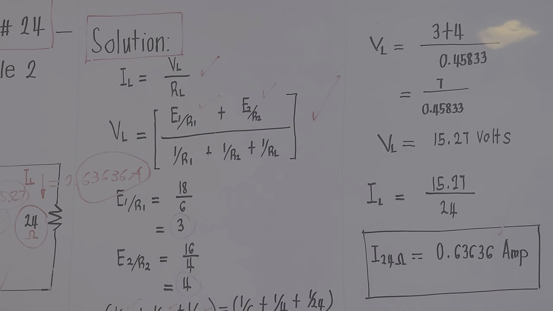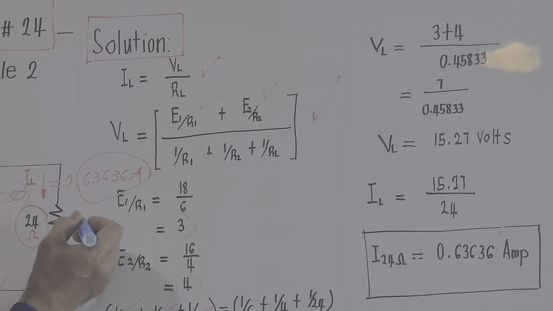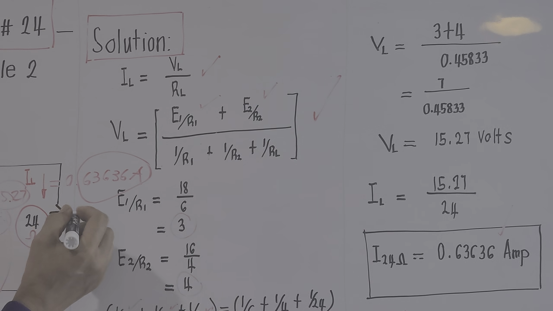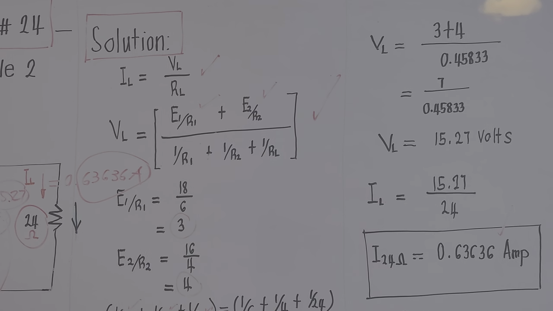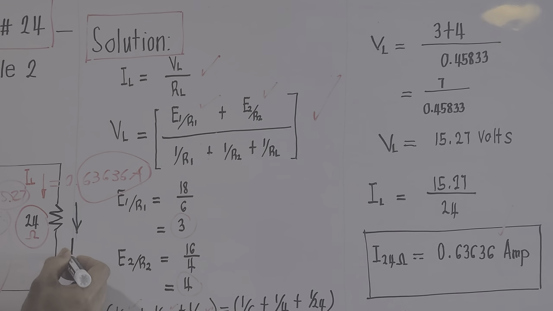So actually the current passing through the 24 ohm load will be both downward. Due to this 18 volts here, the current passing through the 24 ohm load is downward. Due to the 16 volts here, the direction of the current given by the 16 volts is still downward.